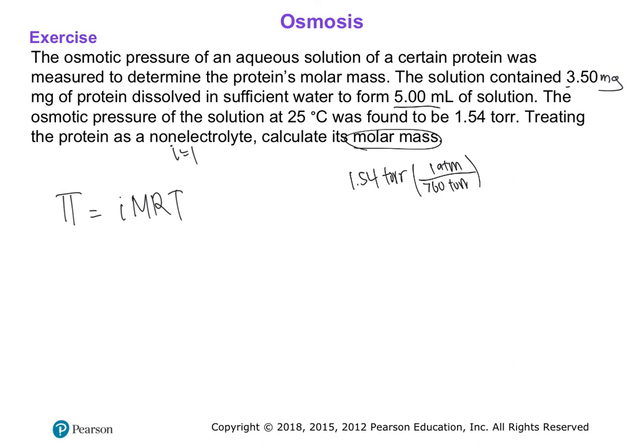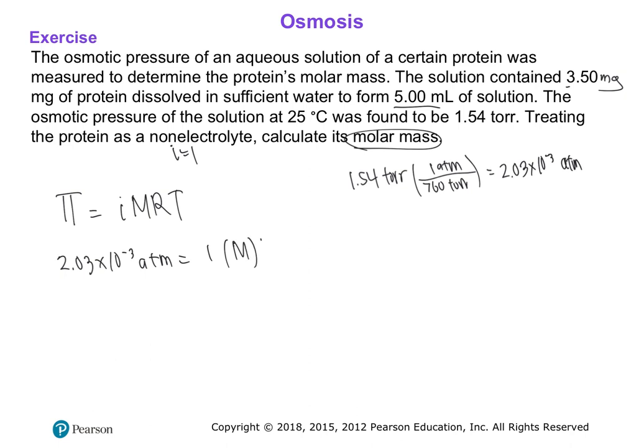So 1.54 torr divided by 760 equals, I'm going to do it in scientific notation, 2.03 times 10 to the negative 3 atmospheres. That equals 1 times the molarity.